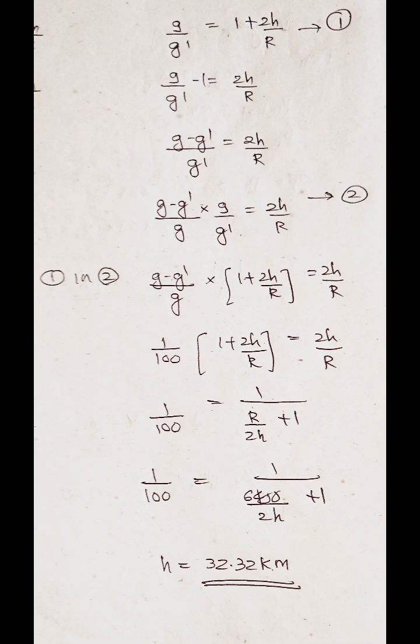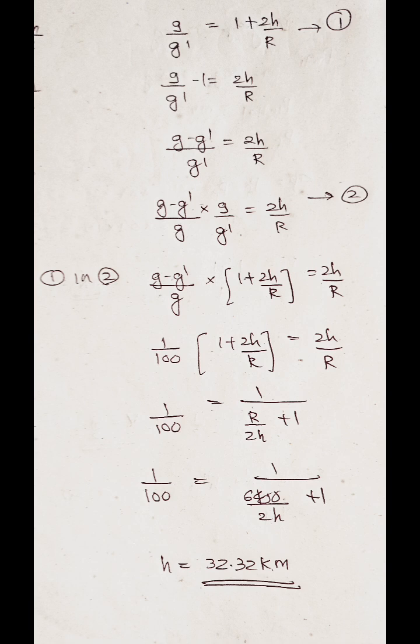And g by g dash minus 1 is equal to 2h by R. That is, (g minus g dash) by g into g by g dash is equal to 2h by R. That is equation number 2. So substituting the value of 1 in 2, we get (g minus g dash) by g into (1 plus 2h by R), which is equal to 2h by R. And we know that (g minus g dash) by g is 1 by 100, because it is given in the question itself.